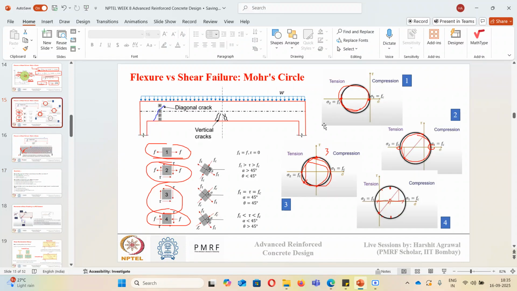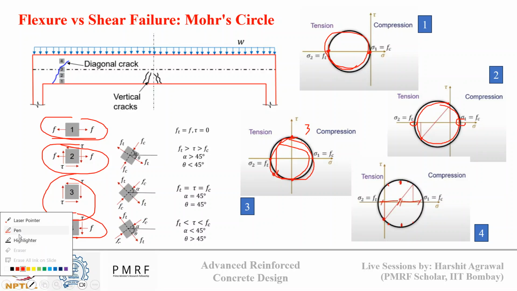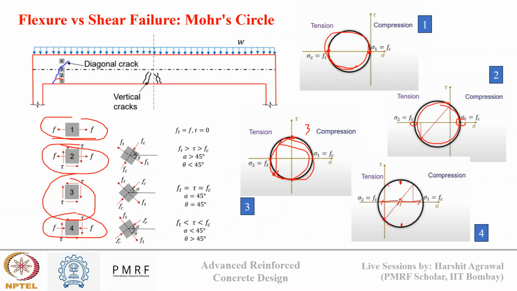If you see this circle that I have drawn earlier, here we should not say that it is like pure tension. This stress block is still a very small distance above the y-axis from the base, so there is some small shear force present in this. That's why, in the circle that I have drawn, there is an element of shear coming into the picture. However, if this point is exactly on the surface, what will happen? There is no shear. There is only flexure.